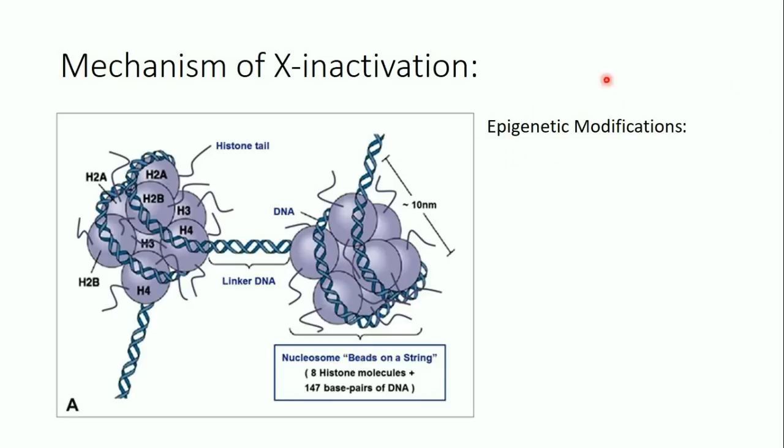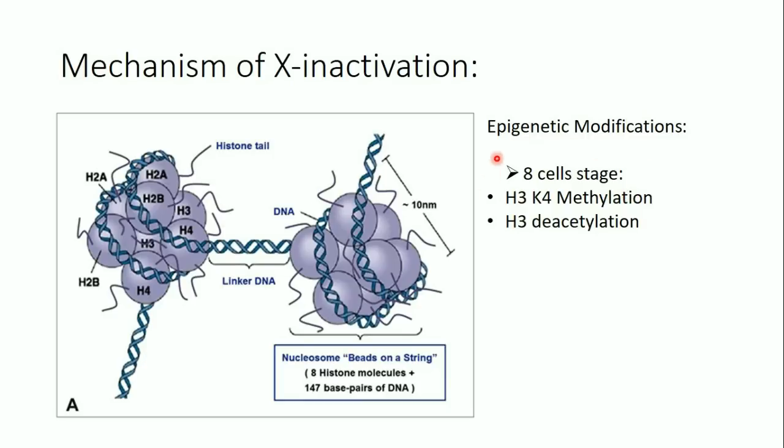Now the epigenetic modifications that happen in case of X inactivation. When XIST is transcribed and we have the stable RNA, at the 8-cell embryonic stage, there is H3K4 methylation.